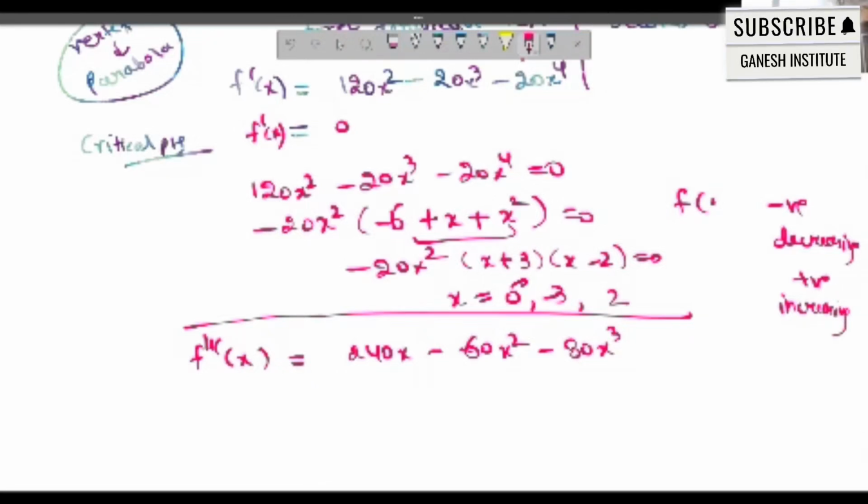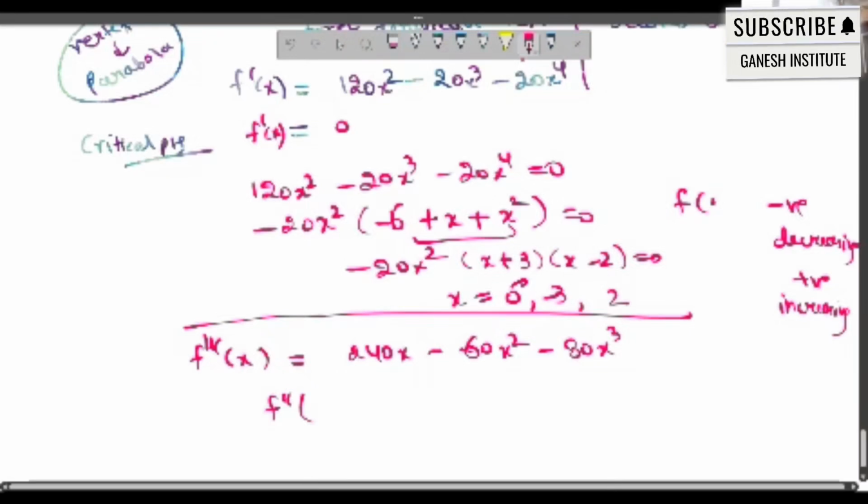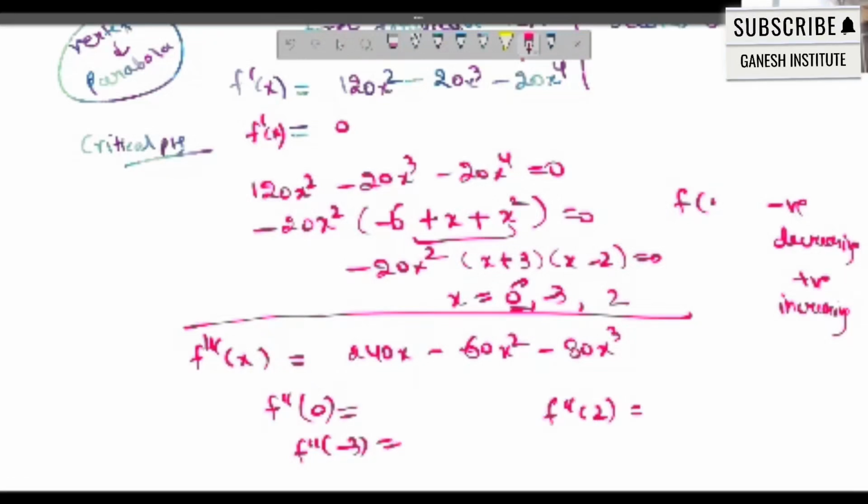Or you can find this double derivative, put down all those critical points, and check whether it is negative or positive. So if it is negative, maxima, minima you find out, and then you draw a number line to find the intervals, relative minima, relative maxima.